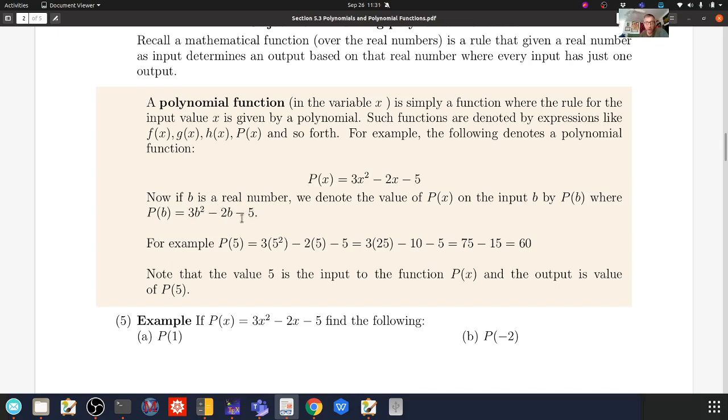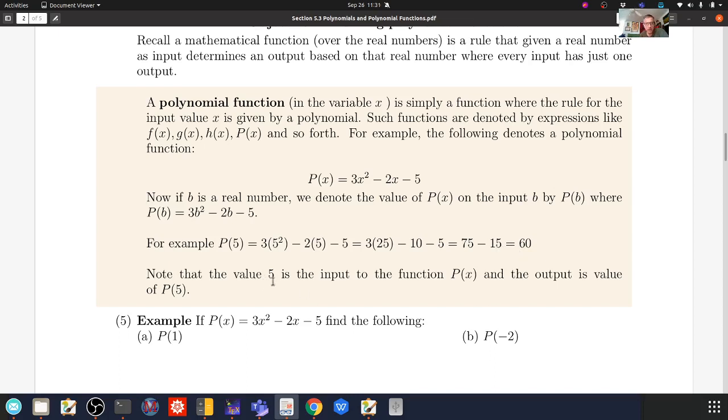Now, I don't know what real number that actually gives us because b is an unknown, just like x is an unknown. For example, p of 5 is 3 times 5 squared minus 2 times 5 minus 5, which is 3 times 25 minus 10 minus 5, which is 75 minus 15, which is 60.